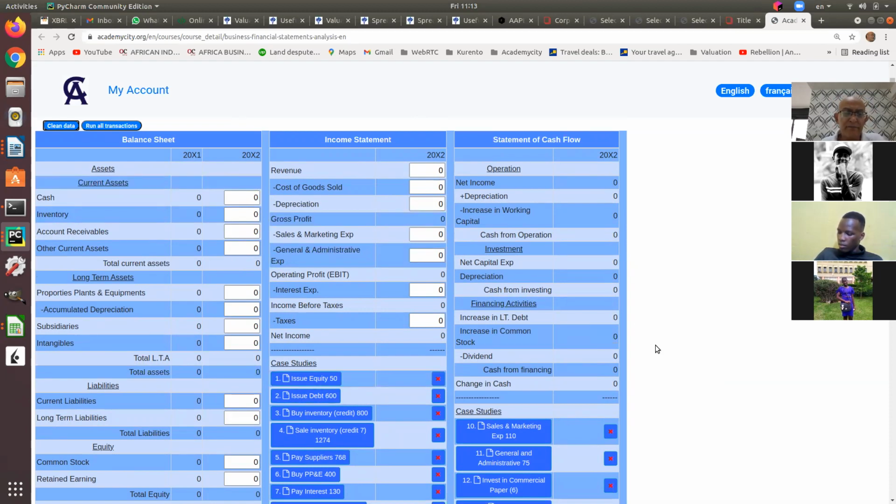This par value, usually the company will collect $1,000 from the shareholders for every share they're giving the shareholders. So if I'm raising 50,000 and the company is selling, you can call it selling, in fact, a better term is issuing shares to the shareholders. Every shareholder, let's say, will put $1,000, and we will end up in the company having $50,000.